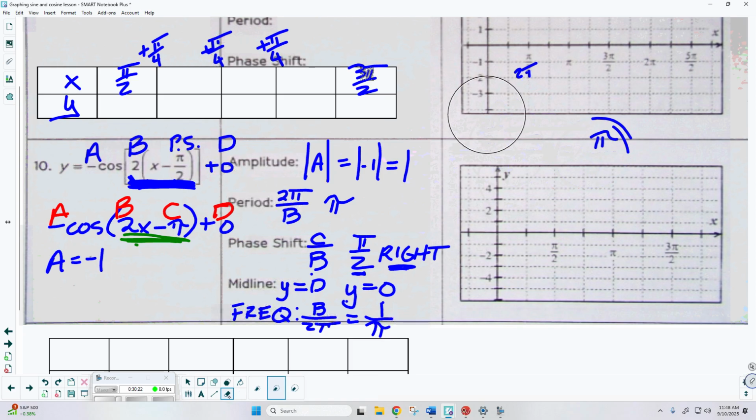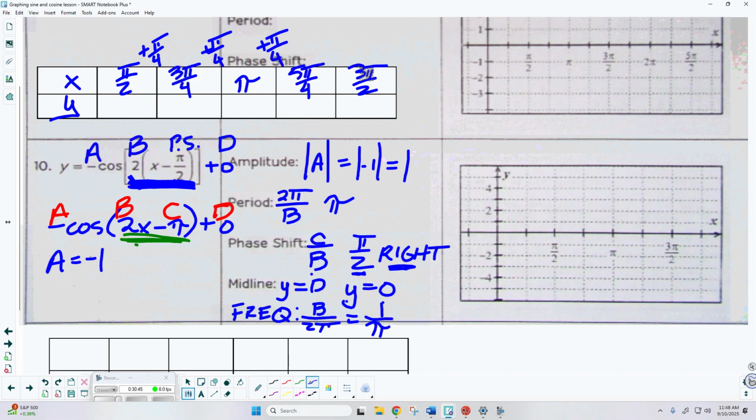I need a pi over 2 plus a pi over 4, so that's going to be 3 pi over 4, plus pi over 4, plus pi over 4. And then 5 pi over 4 plus pi over 4 will give me 3 pi over 2.